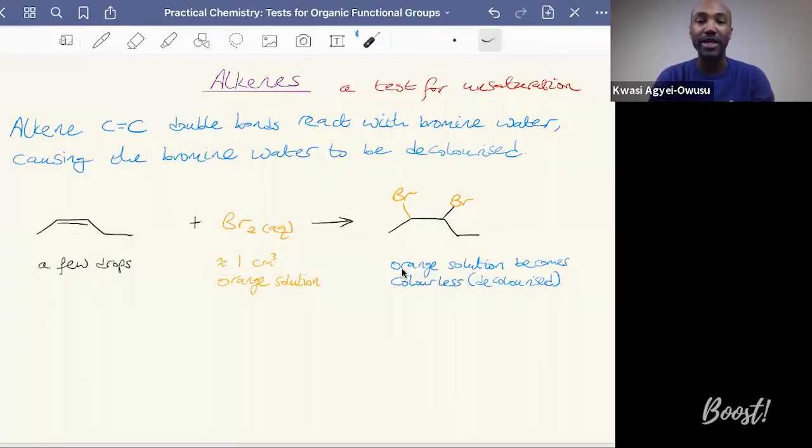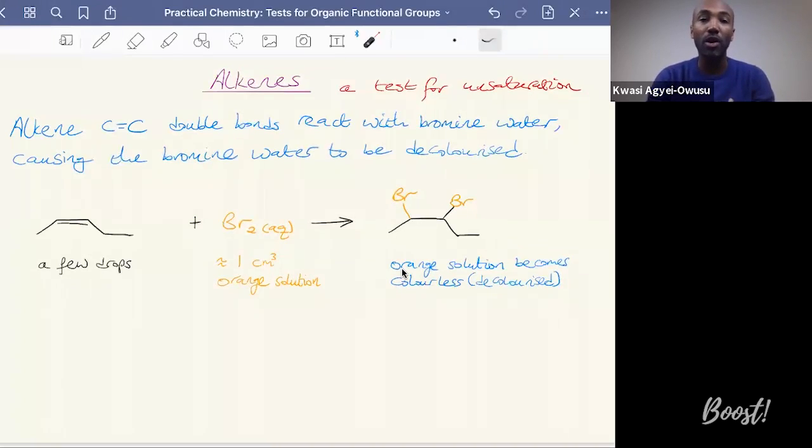That adds a bromine atom to one of the carbons. So you form a carbon-bromine bond. You have an intermediate formed, which is of course a carbocation, and that carbocation will be attacked by the bromide ion that you formed after the first stage of the mechanism.